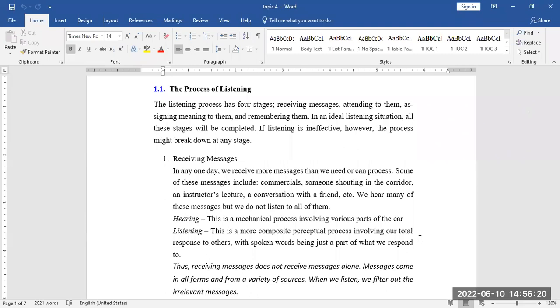For example, you cannot jump the receiving stage and go to attending to the message, or miss the attending and start remembering. It cannot happen like that. It's a step-by-step thing. Number 1, you must receive the message first.